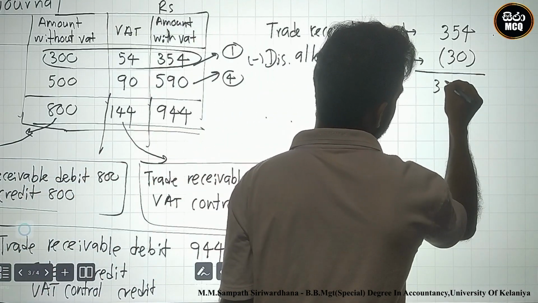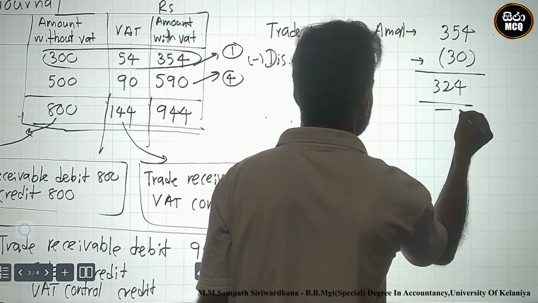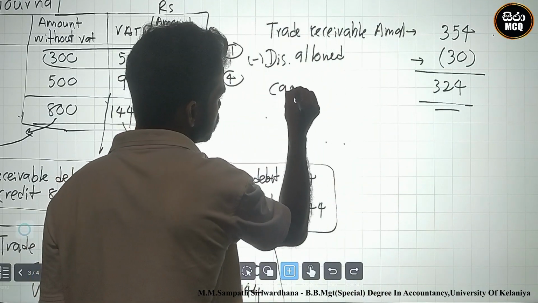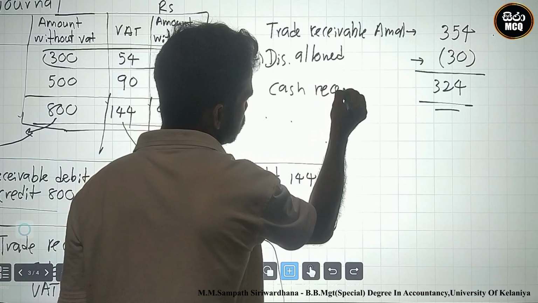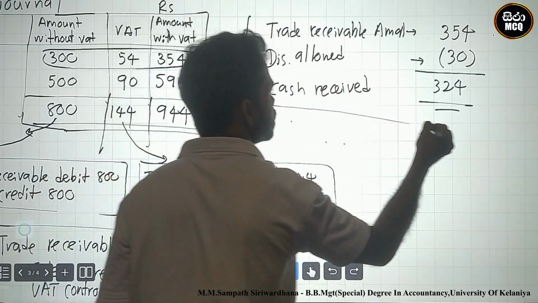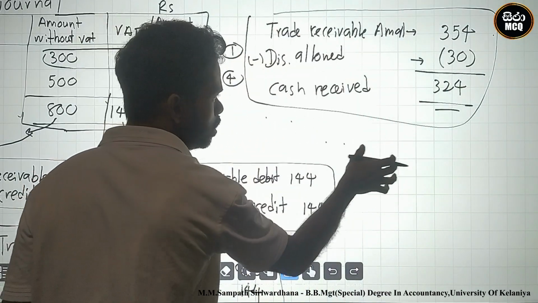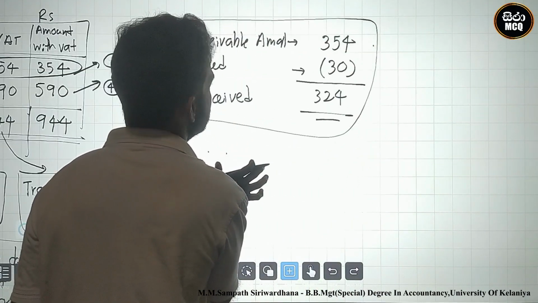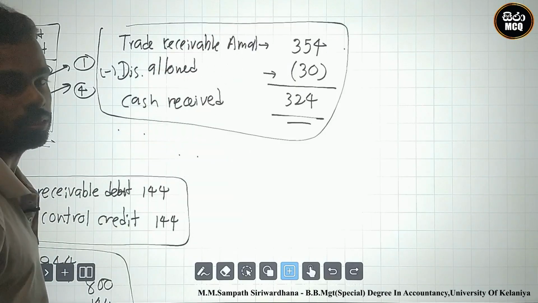After that, we collect the cash received. What are the double entries of this section? This is the summary.